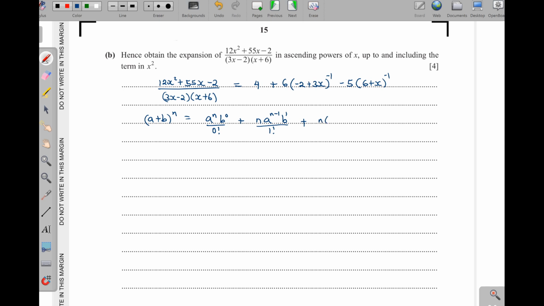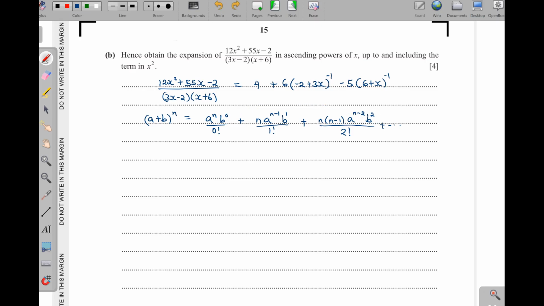So again here, when you drop this one down, you will get n minus 1 multiplying with the n, then a, then power n minus 2, then b now here to the power of 2, then over 2 factorial, like that. So you can see that the first term is reducing in the powers. Do you see that? But the second term is increasing in the powers.